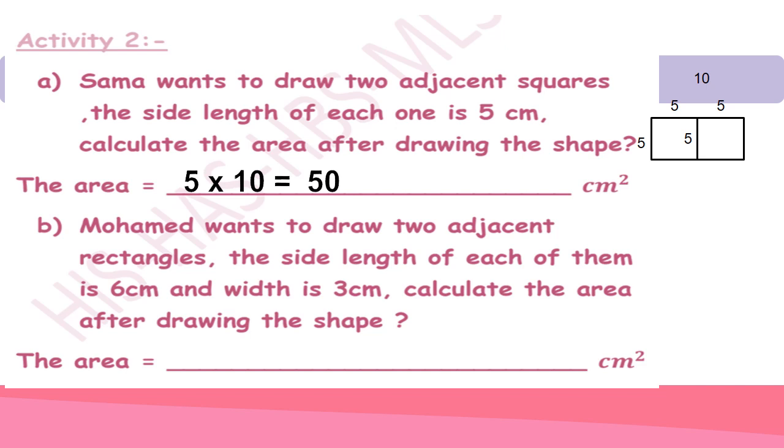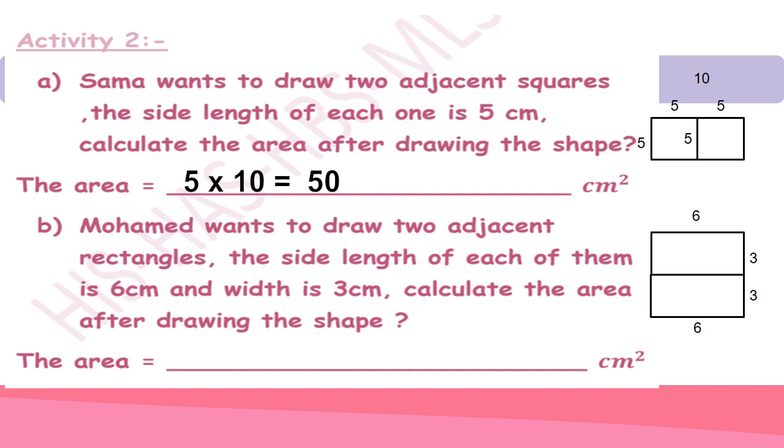Okay? Okay. Let's take another one. Muhammad wants to draw two adjacent rectangles, like this. Two adjacent rectangles. The side length of each of them is 6. The length is 6 and the width is 3. So, like this. And these two, 6 and 3. Calculate the area after drawing the shape.